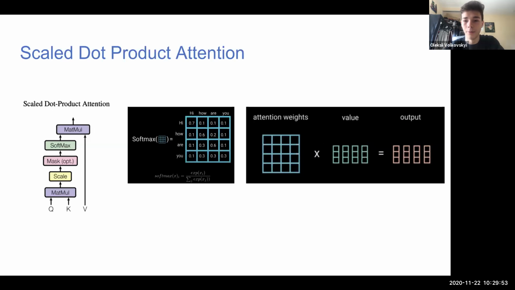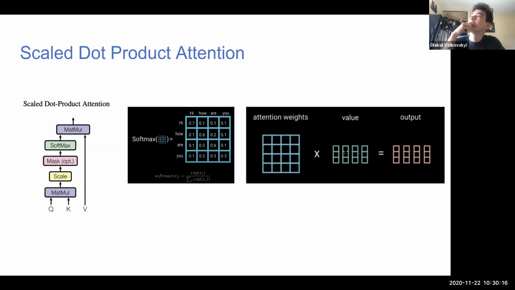And then you multiply that by the values. I think the dimension in this graphic is a bit wrong, because you can't actually multiply those matrices, but the number of rows should be 4.